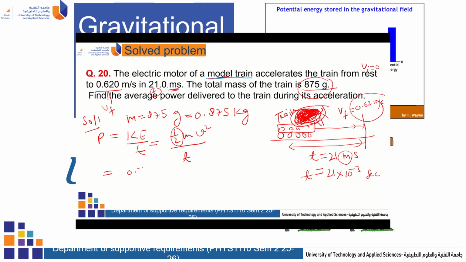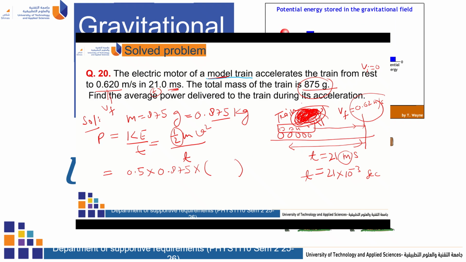The half I can write like this, easy for me, 0.5, and the mass of the train is 0.875 kilogram, and the velocity of the train. Here I'm using only one velocity, not vf and vi. If the other is not zero, then we have to use two.